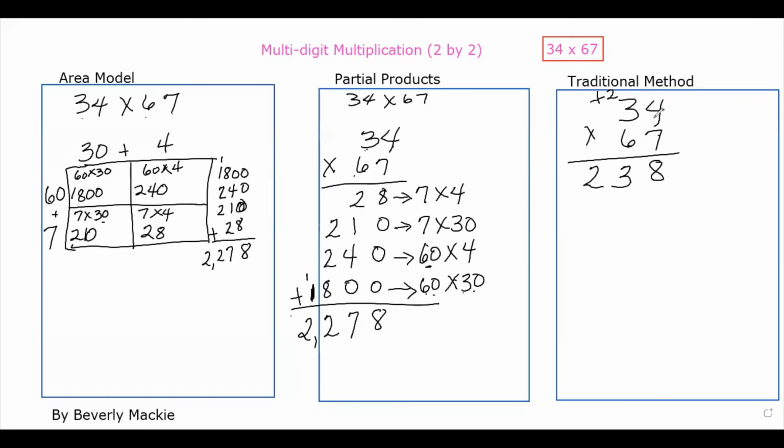6 times 4, 24, and I'm going to put it in the tens place and carry my 2. Now, why didn't I put it here?